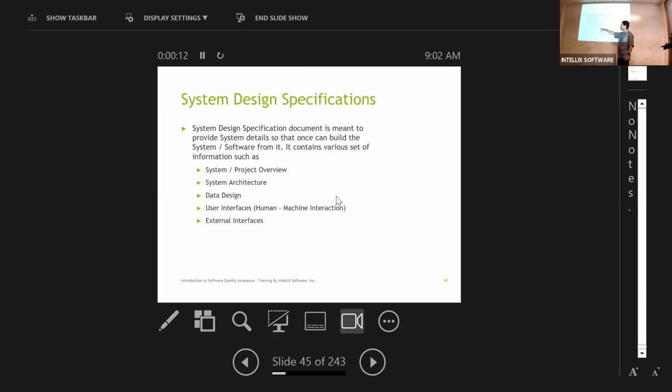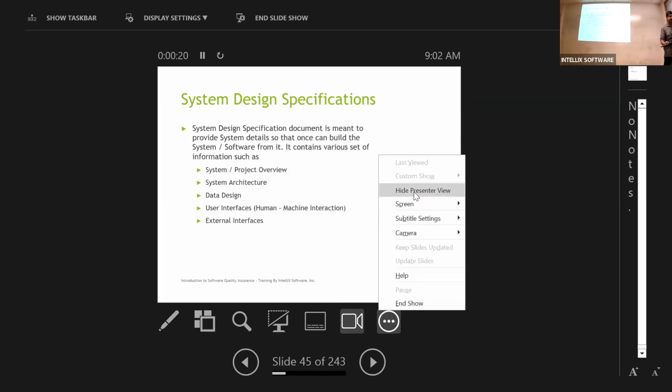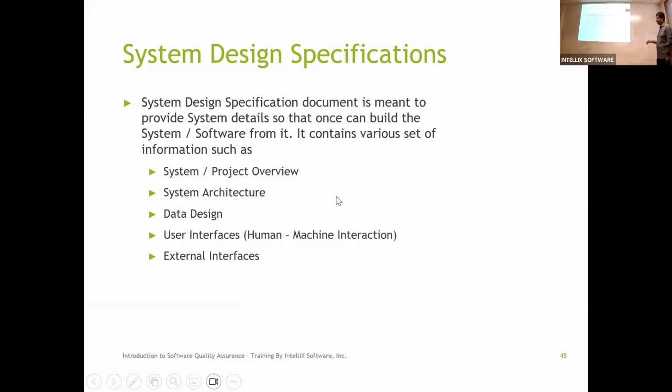We talked about the human interfaces, in other words, what the screenshots will look like, what the page layout is going to be, and how the interaction happens from one page to another when somebody logs in. We talked about the external interfaces, the email flow that goes into the system.